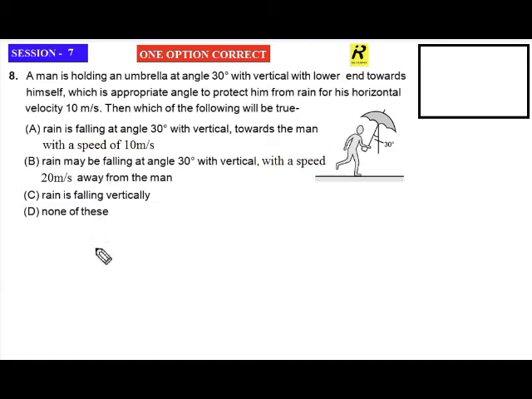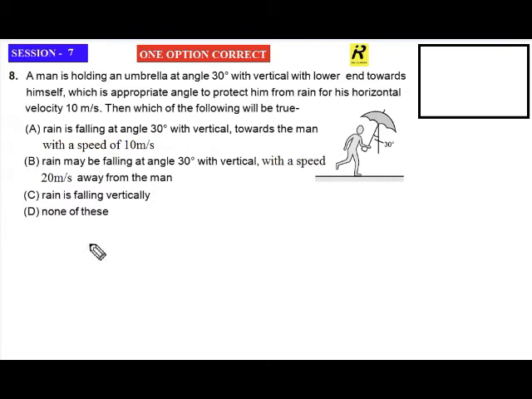So from this picture you can observe, if this angle is 30 degree, then this particular angle is greater than 30 degree. That means the effective velocity of the rain will make an angle with the vertical more than 30 degree.